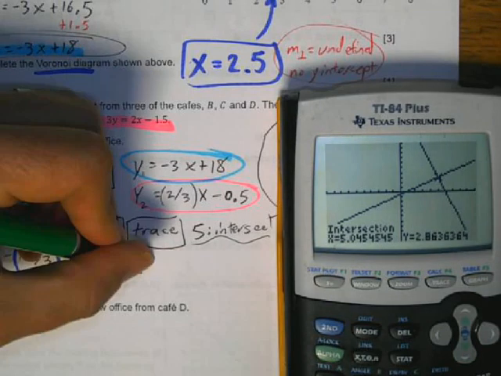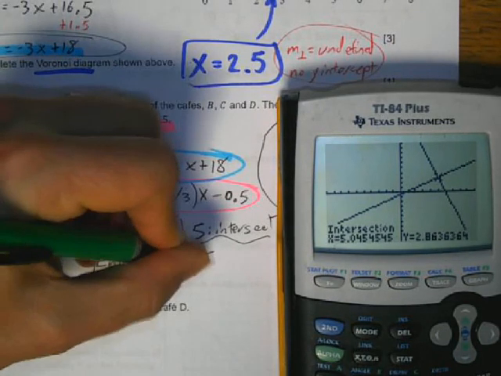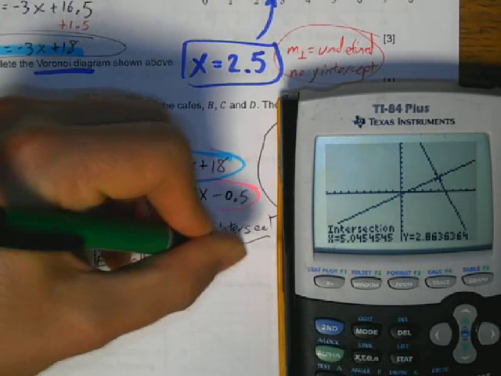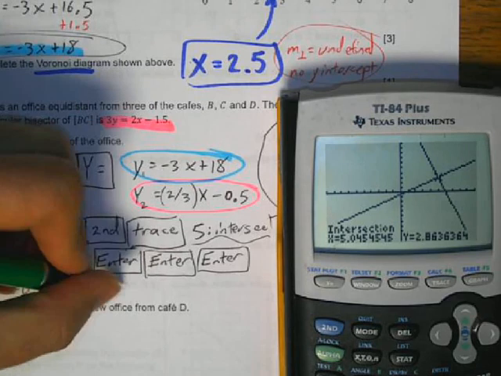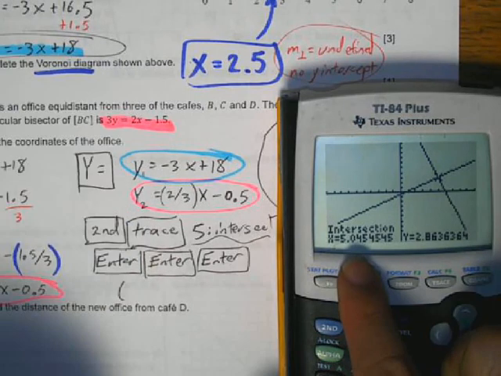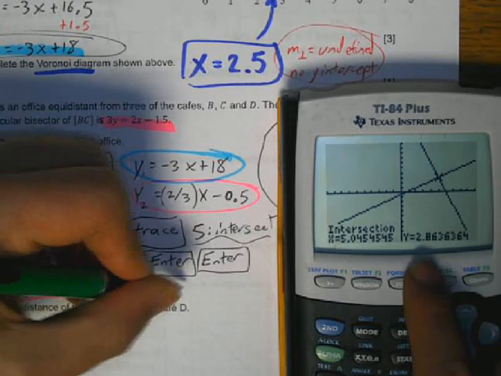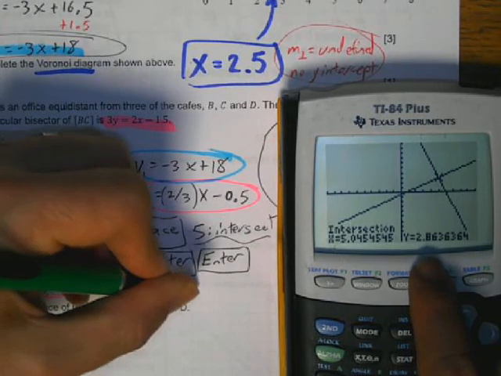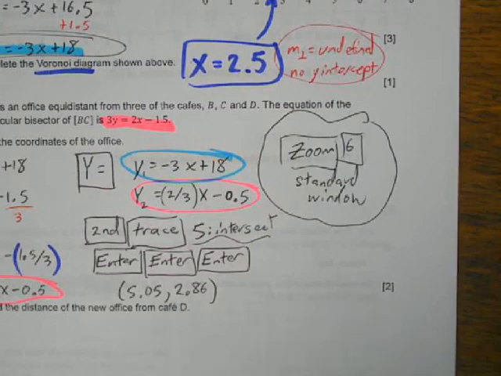And then it tells me that the intersection is 5.05, comma 2.86. Okay, and that is the intersection.